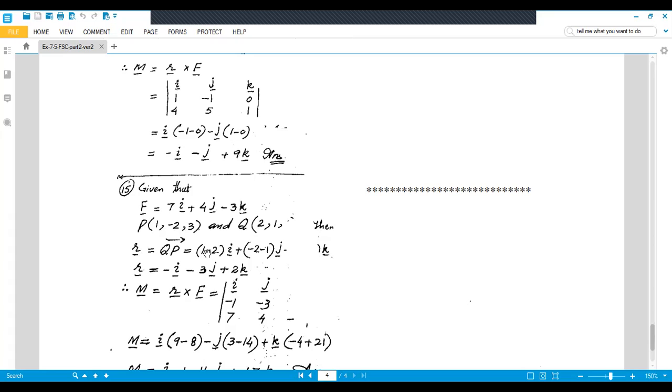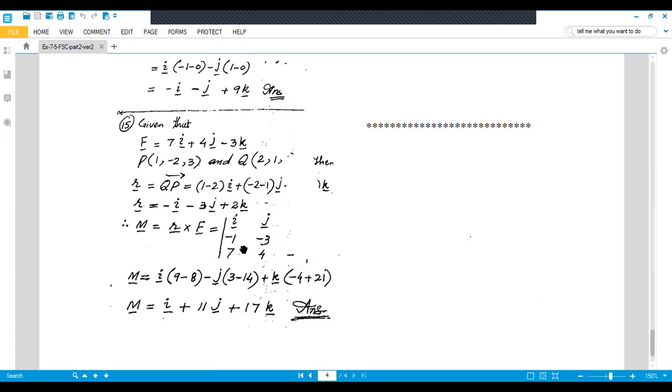So that is 1 minus 2 i, 2 minus 2, minus 1 j and 3 minus 1 k, so we get 2k. So M is r cross F, i, j and k. Here we put the value of r first and then the value of f, and then you find its cross product, so you get this result.